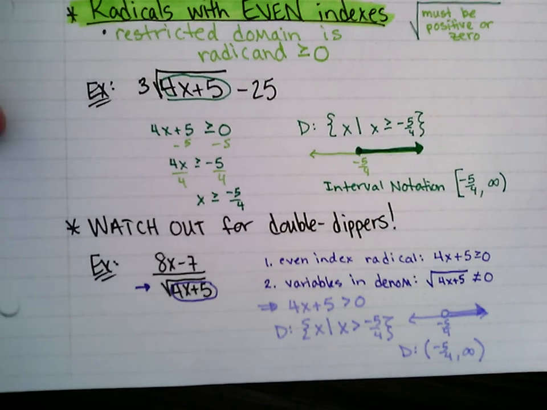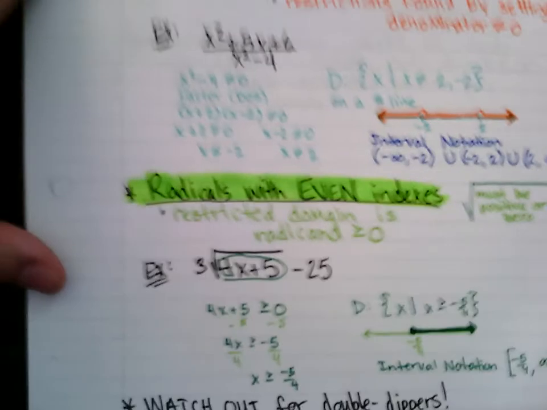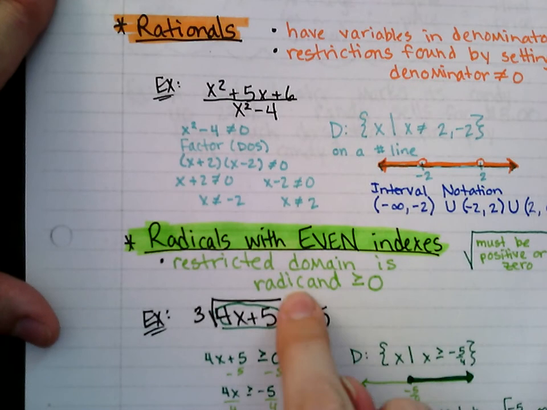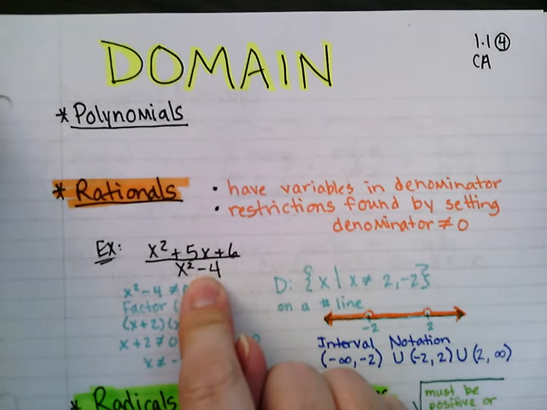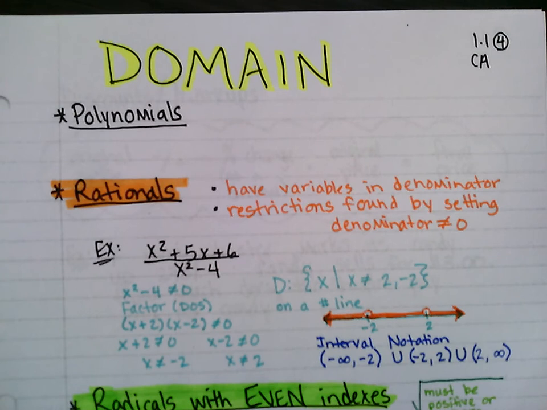Now, back to the beginning, I had said if there are no restrictions, which right now means even index radical or variables in the denominator, then your domain is going to be all real numbers. So we should write that down.